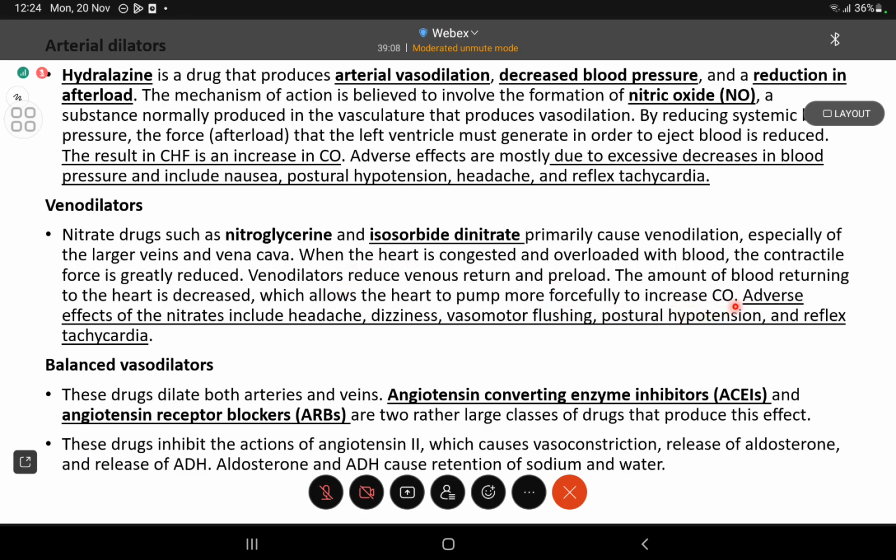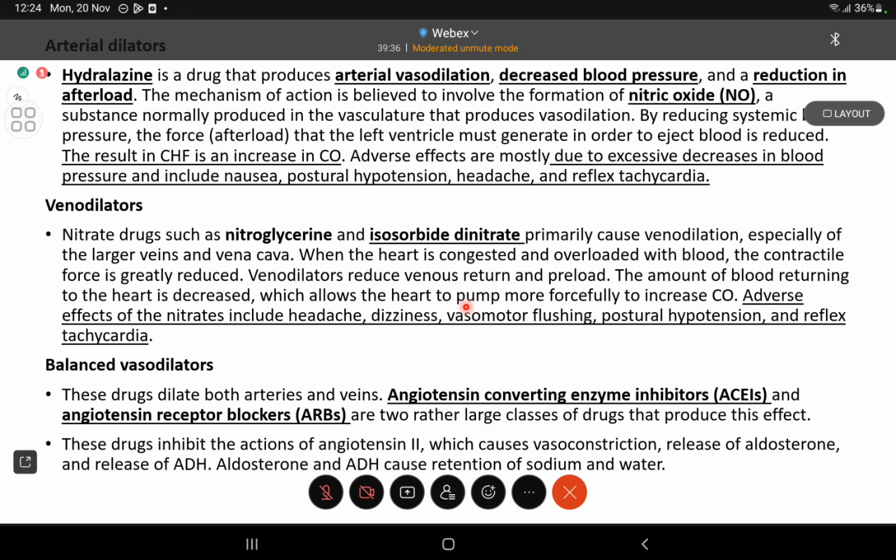Actually, when you decrease the volume of blood into your heart, this action may reduce your heart burden. So your heart will not need to receive so much blood at one time, and then the heart is able to pump effectively.